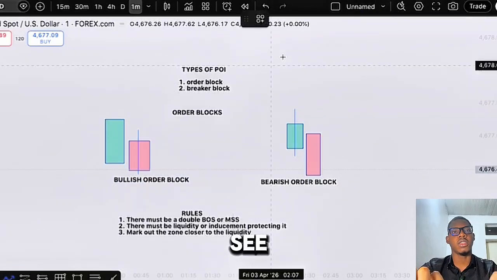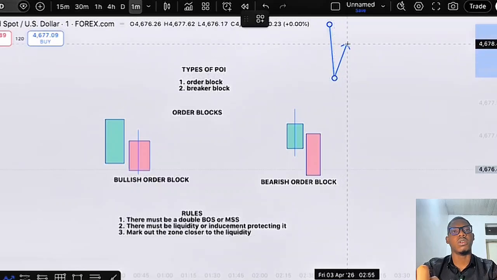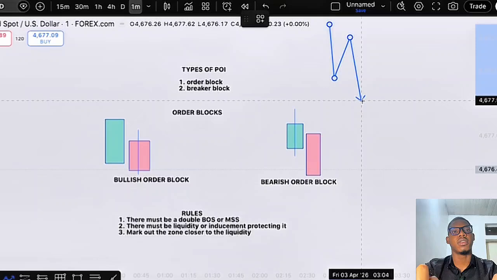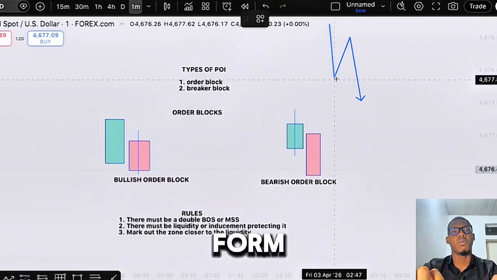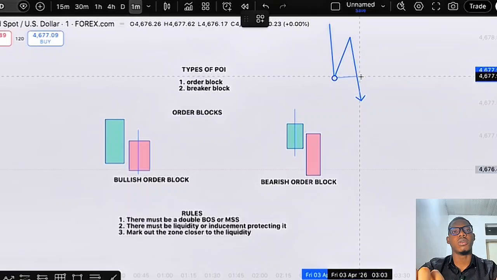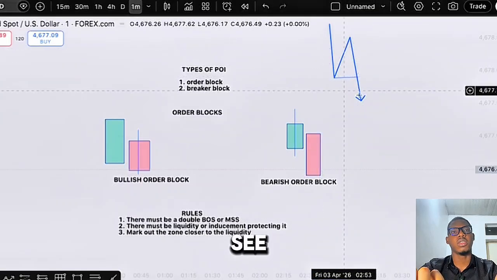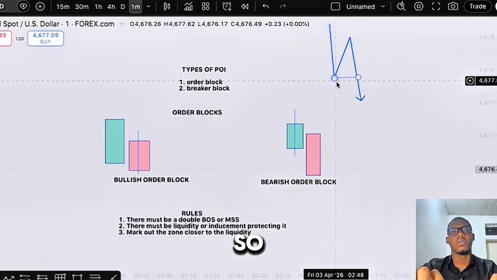In the bearish scenario, you can see lower high, lower low, lower high, lower low right here. And price came into this level to form another break of structure, as you can see here. So what happened here?